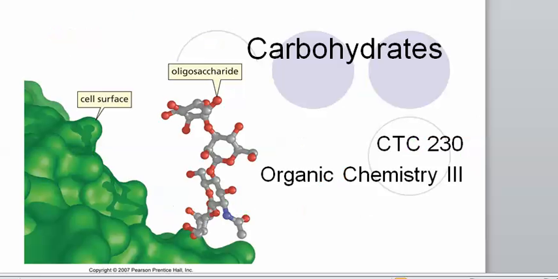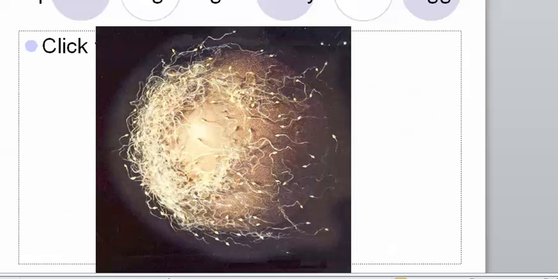And the reason that they are important is because this, ladies and gentlemen, is a recognition site. This is a picture of an egg and sperm. And these two recognize each other and they play off of each other, and there's a reaction between each other because of the carbohydrate recognition sites that are on the egg itself. Now, how really does the chemistry happen? How does the organic mechanism happen?